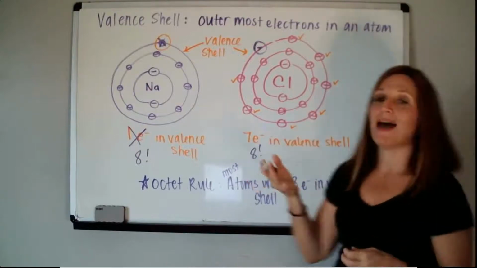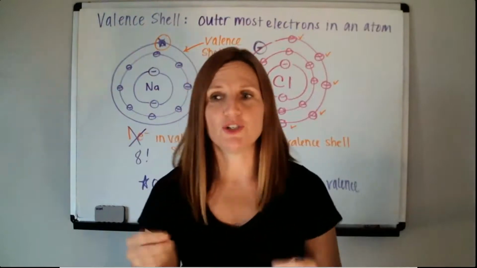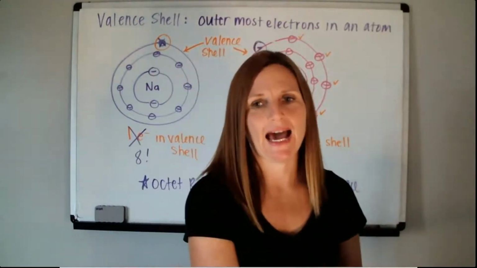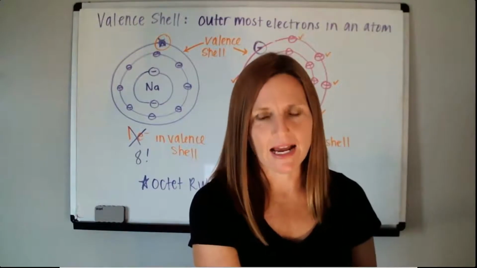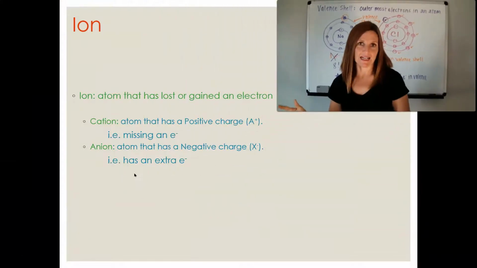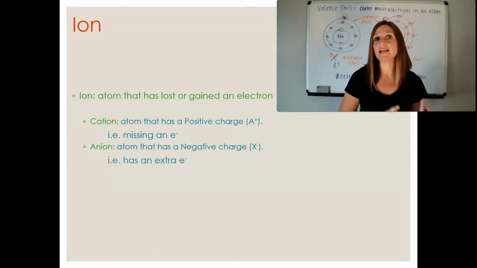So once an atom has made its move to either gain or lose an electron, we say that that atom has become an ion. So there are 2 kinds of ions: cations, which have positive charges because they have lost electrons, and anions, which have negative charges because they have gained electrons.